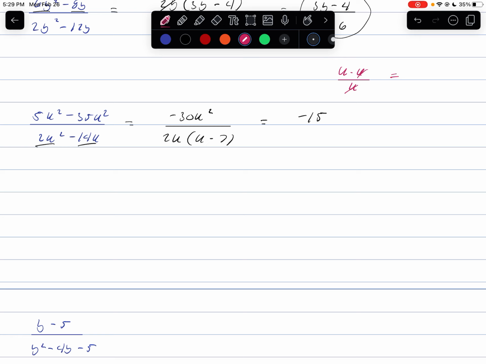So these two would cancel, and we're left with just u. So we'll have negative 15u in the numerator. And then in the denominator, we'll have now canceled out the 2 and the u, and this exponent can go away. So we're left with negative 15u over u minus 7.